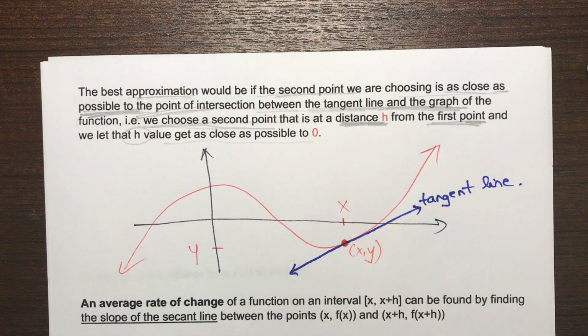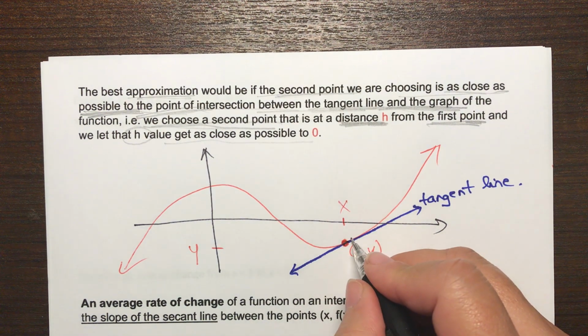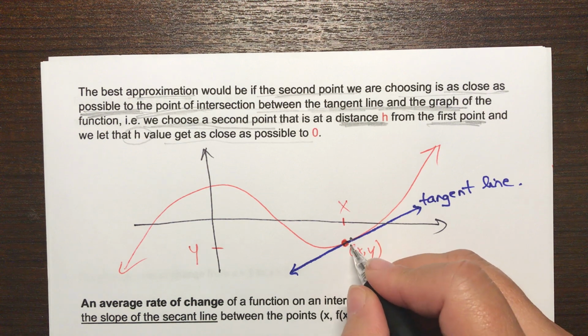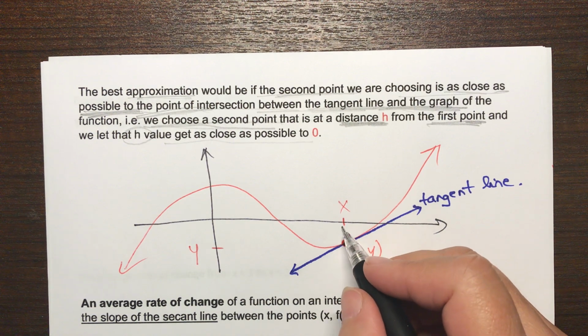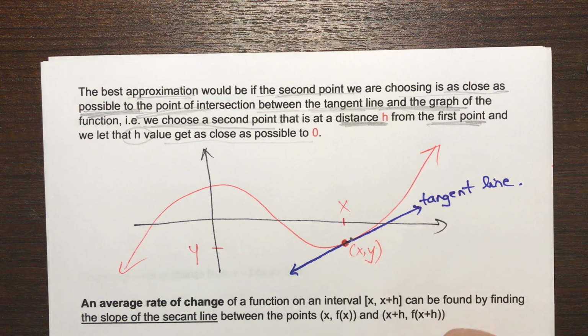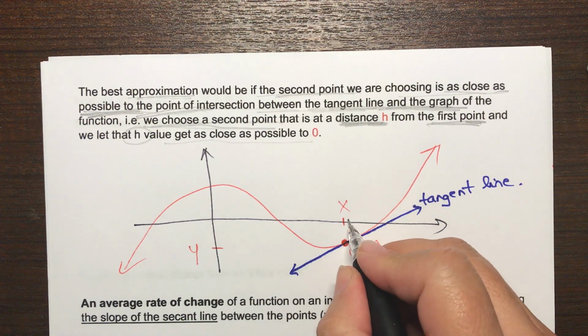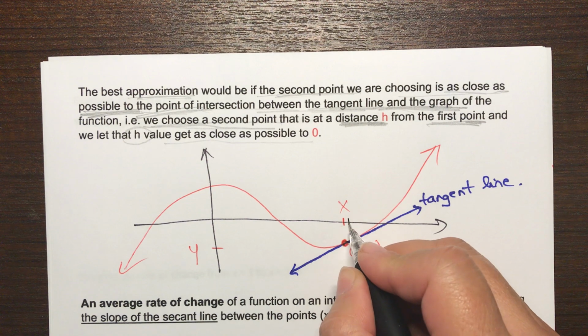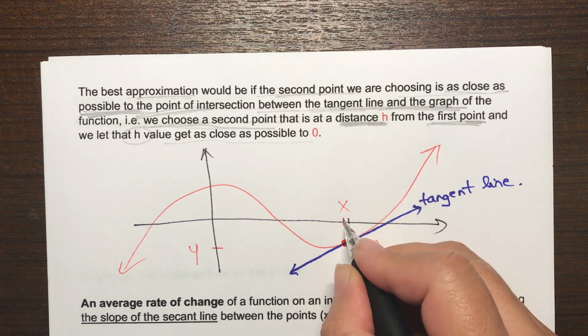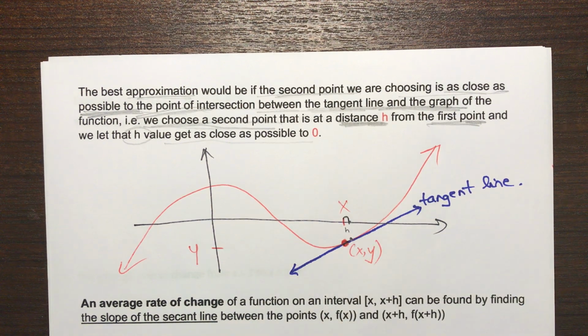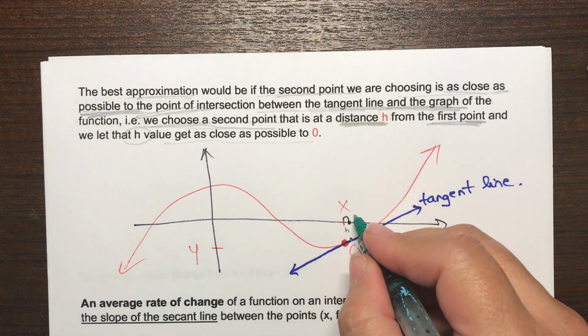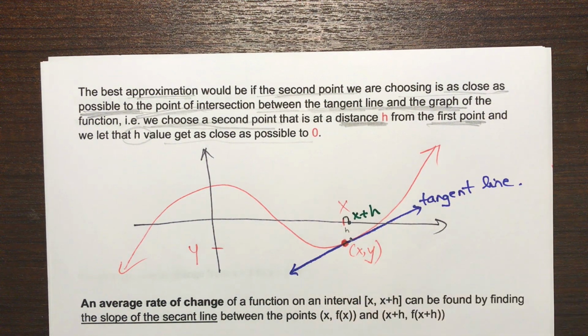Now, as we just said, the best thing to do is to pick a point that's super close. 0.01 close, 0.00001 close, right? So from whatever value this x is, just add a little bit more. So what we're deciding is we pick a second point on this graph. How far away from the first one? I said this should be an h distance away. So in other words, the second point I'm picking here is x plus h.